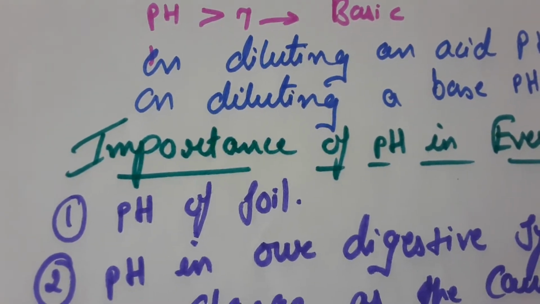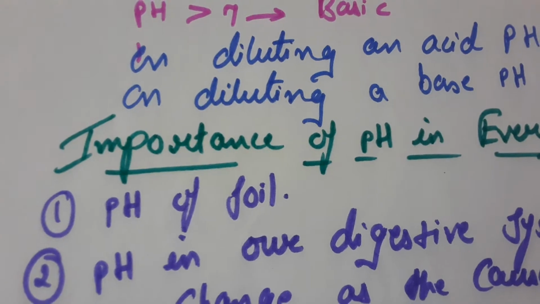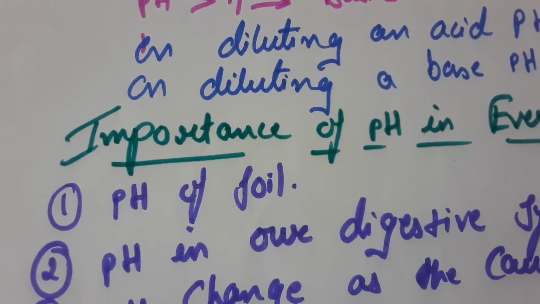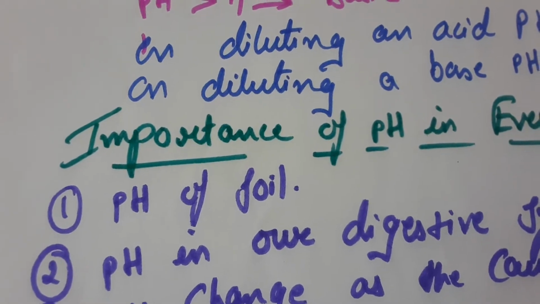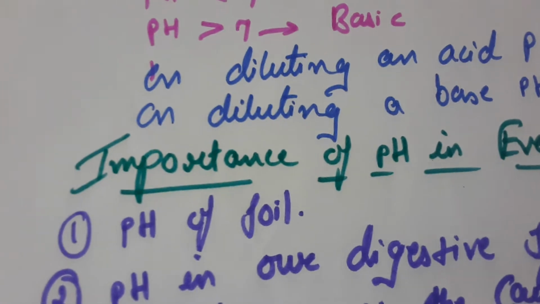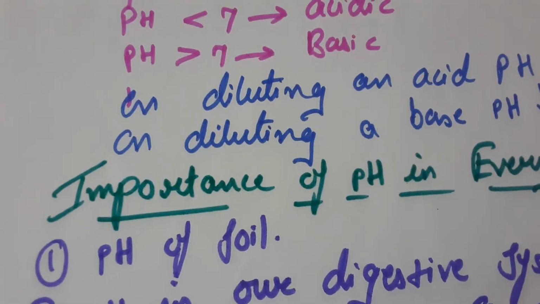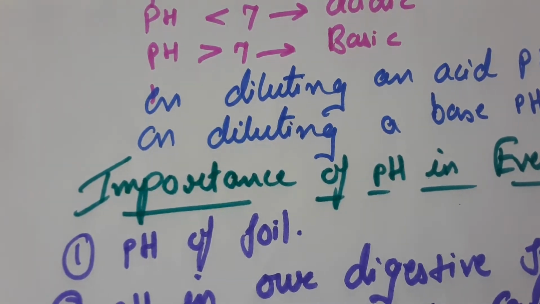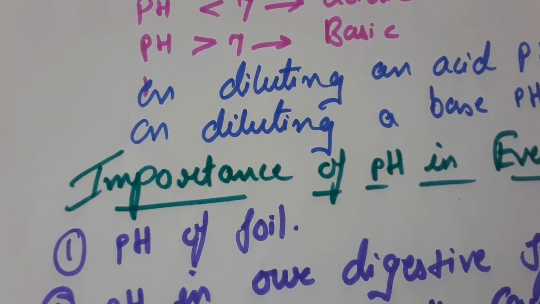In the stomach, hydrochloric acid is secreted as food enters the stomach and it turns the pH of the stomach to between 1 and 3. To get rid of this acidity, people take antacids, which neutralize the excess acid.